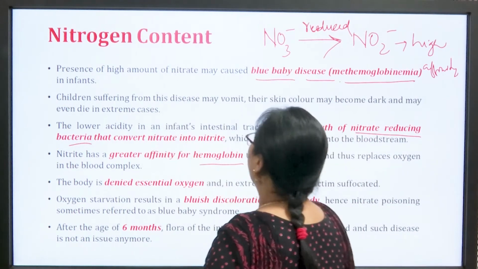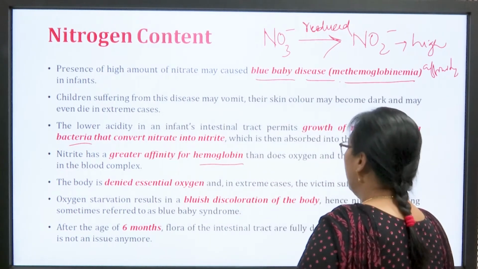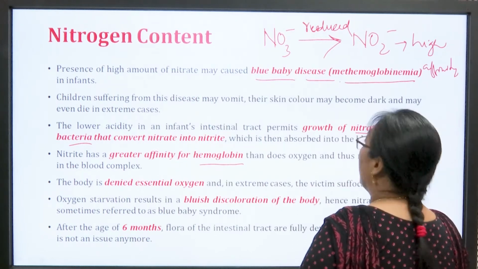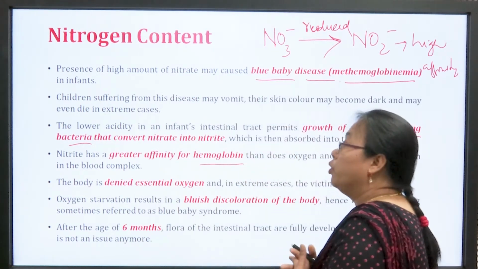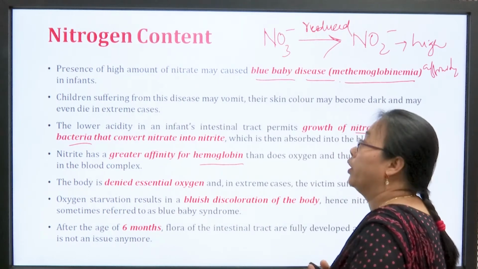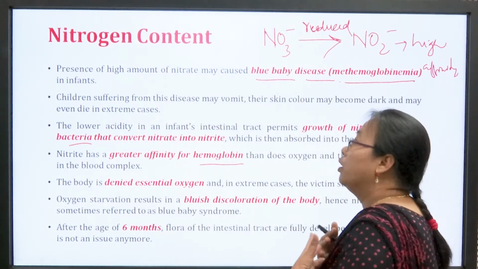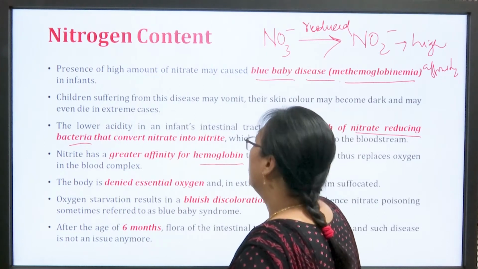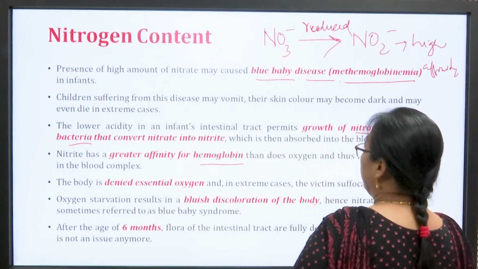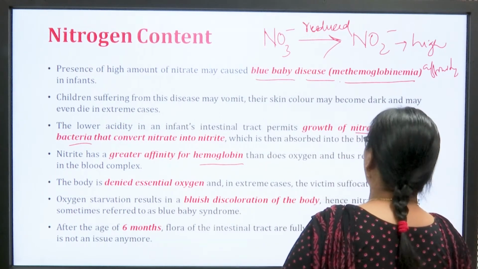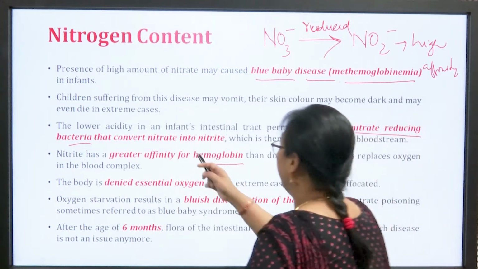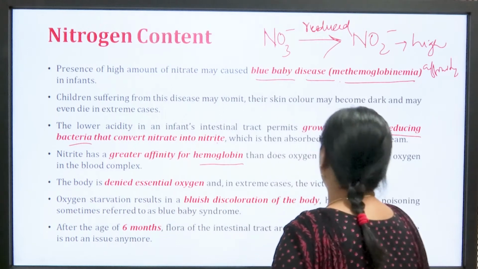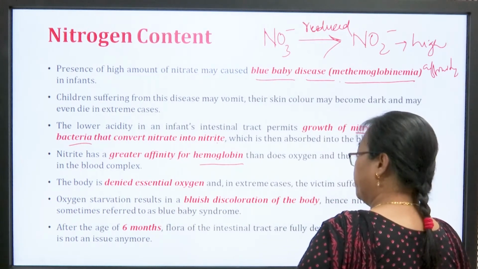Children suffering from this disease may vomit. Their skin color may become dark and they may even die in extreme cases. When someone suffocates you, you die. That is exactly what is going to happen to these babies. The lower acidity in an infant's intestinal tract permits growth of nitrate reducing bacteria that convert nitrate into nitrite, which is then absorbed into the bloodstream.